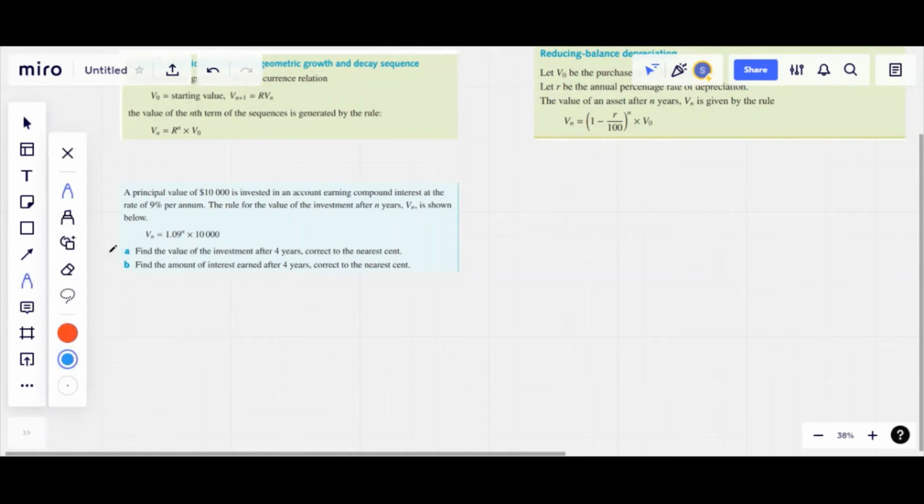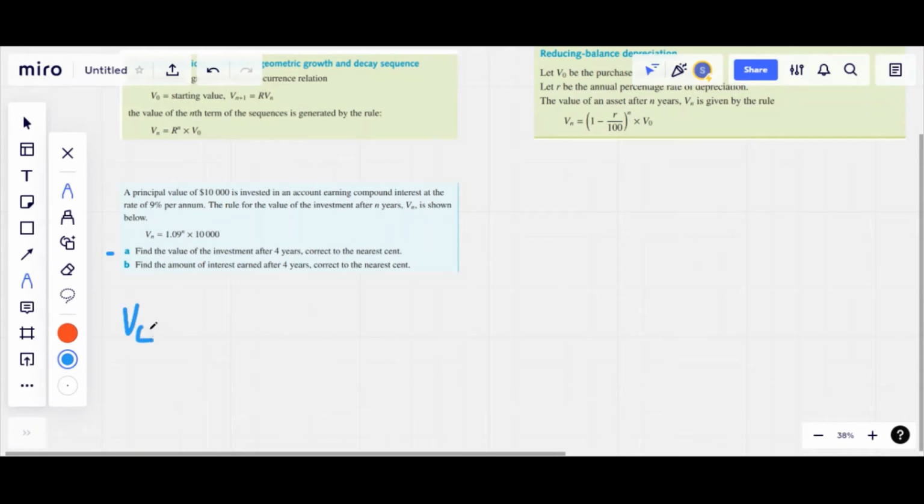So first one here, looking at question A. Find the value of the investment after 4 years, correct to the nearest cent. So we're looking at dollars here. If we need to substitute the values in here, we're looking at 4 years.